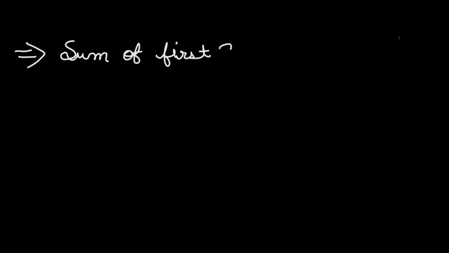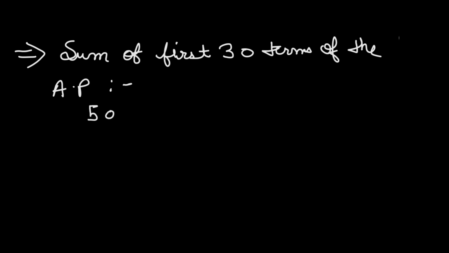Let's solve one more example, which is we have to find the sum of the first 30 terms of the arithmetic progression, which is given as 50, 45, 40, 35.